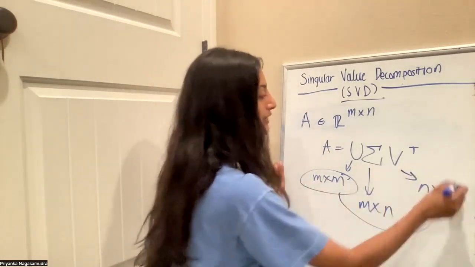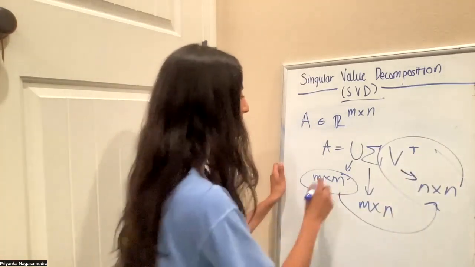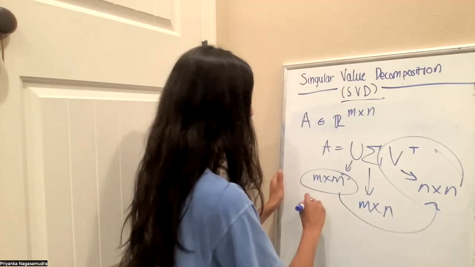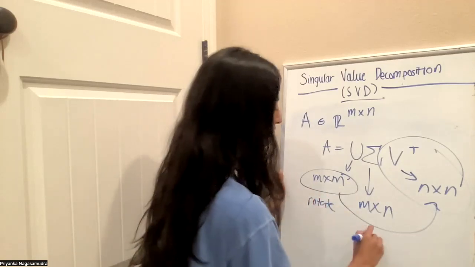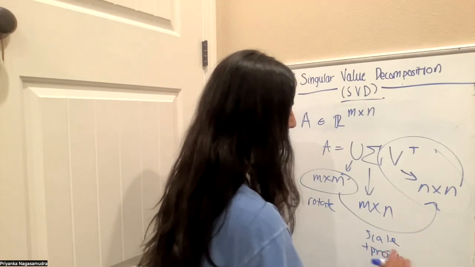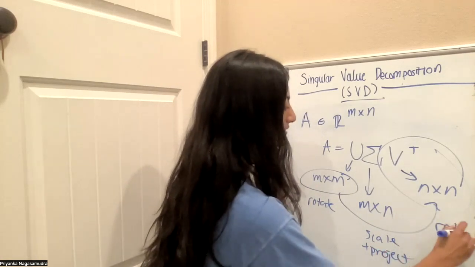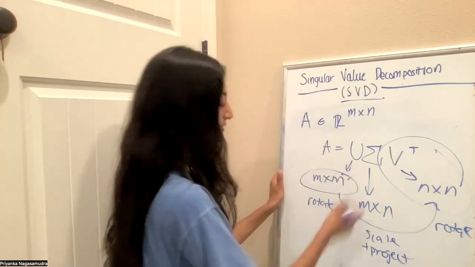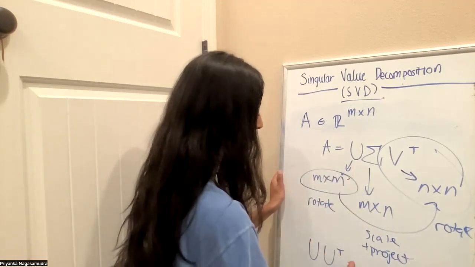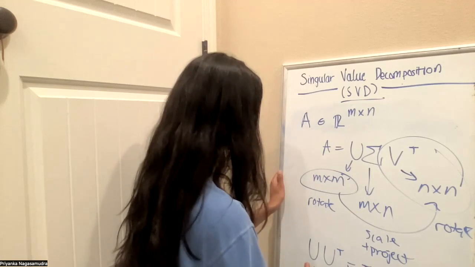And then I'm rotating them again in this n-dimensional space, which is where V comes in. So: rotate, scale plus project, and rotate.